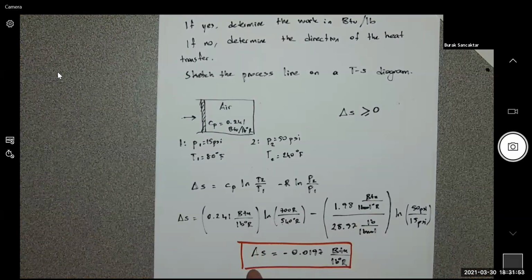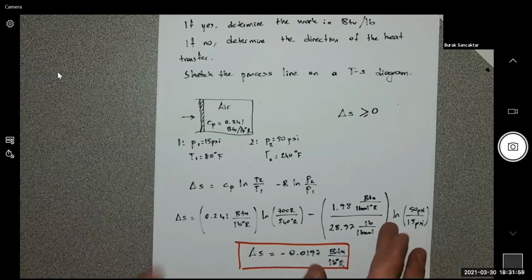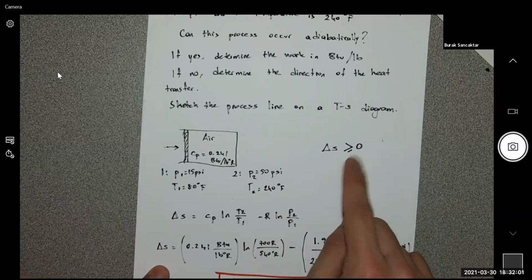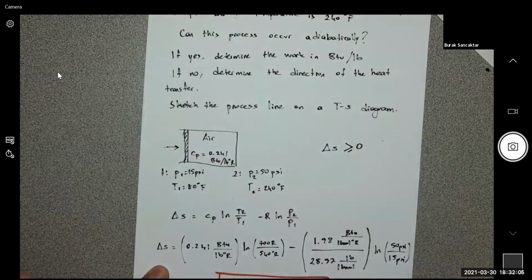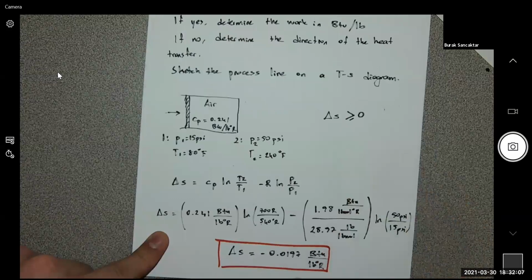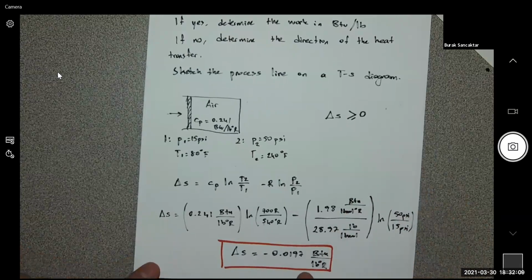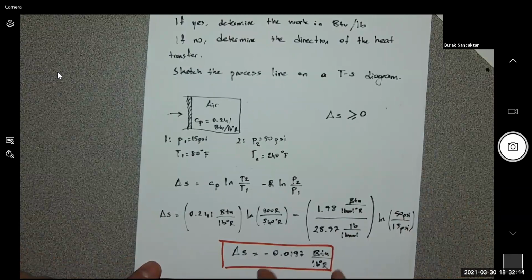Since the entropy difference is negative, this process cannot occur adiabatically. Remember, we have to satisfy this condition to check if the process is adiabatic, which this doesn't satisfy. So there must be a heat transfer out of the system, because I know the temperature is an absolute temperature and cannot be negative.